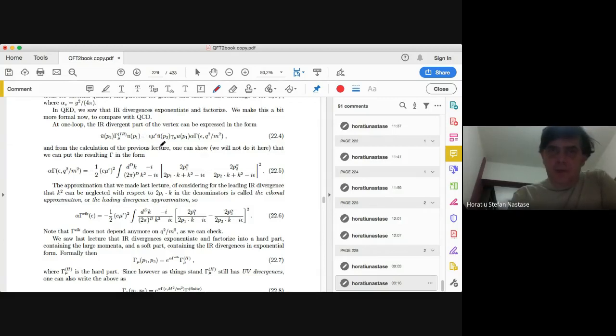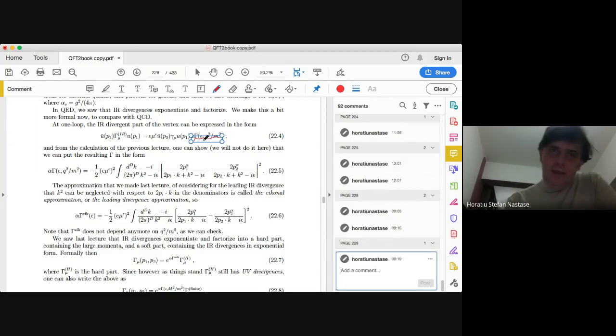And then one can rewrite this as the classical vertex e gamma mu times some new function that I'll call alpha gamma, that depends in dimensional regularization on epsilon and on the ratio of the photon momentum q squared over the electron mass m squared, and also mu to the epsilon, just in order to fix dimensions in dimensional regularization.